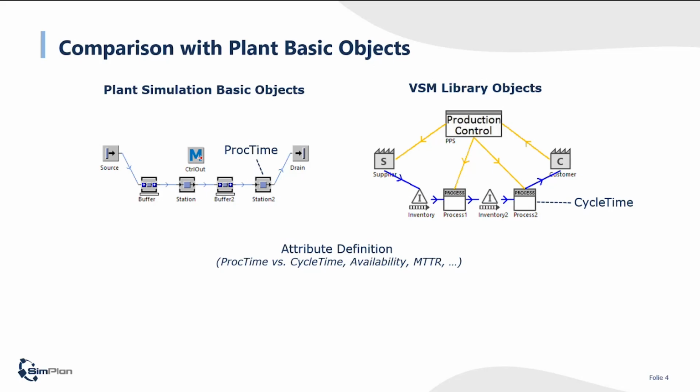First, you define a processing time for a station or a buffer capacity. That's pretty much the same for value stream, just with different naming. Instead of processing time, it's a cycle time, the difference between two part exits from a station. You would also have, for example, failure rates or a mean time to repair, and some prepared exit strategies that might be quite the same as with a push material flow.